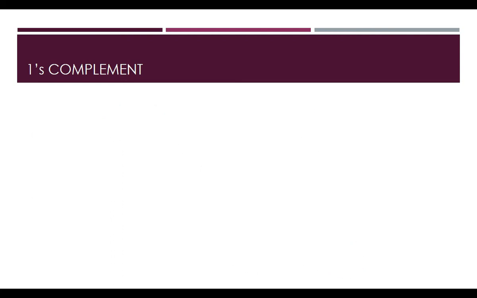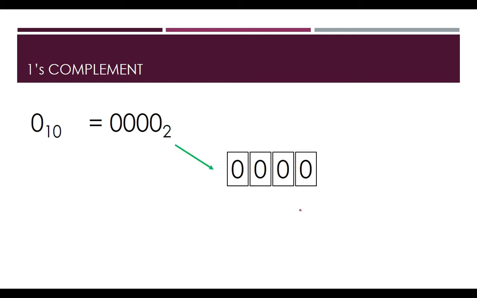Let's have another example. This time, let's try to solve 0. In binary, this is written as 0000. If you apply 1's complement for 0, all these 0s will become 1.